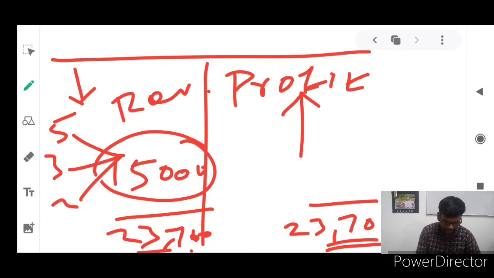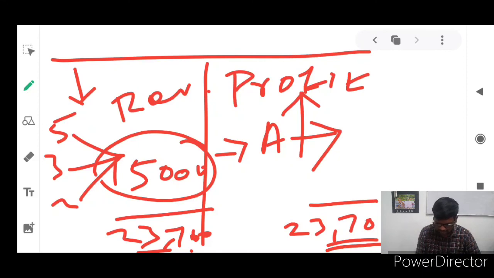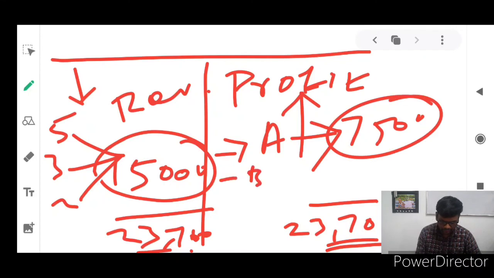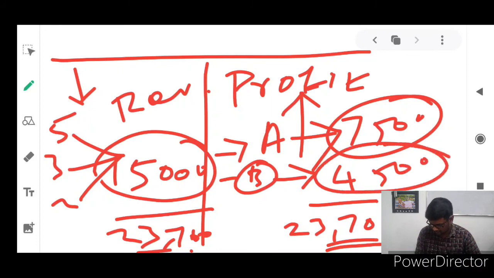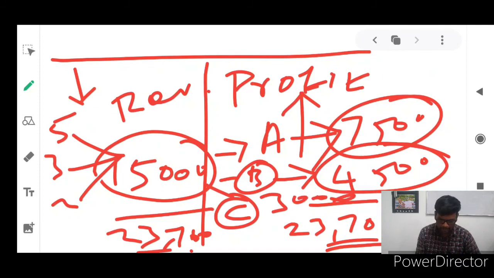So splitting by 5/10, 3/10, 2/10, how much amount for A? Rupees 7,500 goes to A. For B, 3/10 of 15,000 is 4,500 rupees. And for C, the remaining 2/10 of 15,000 will be 3,000 rupees. So 3,000 rupees goes to partner C.